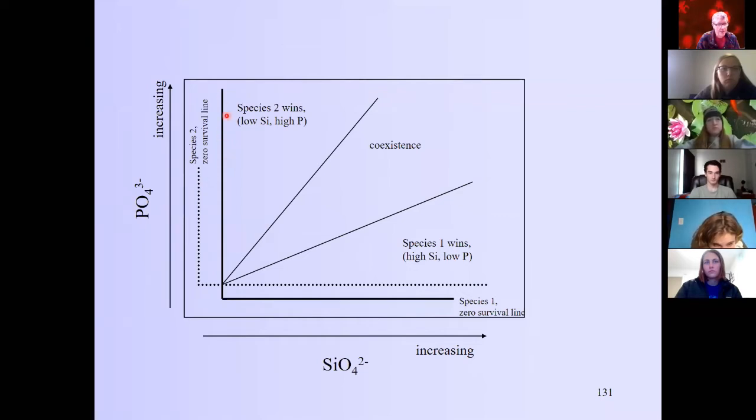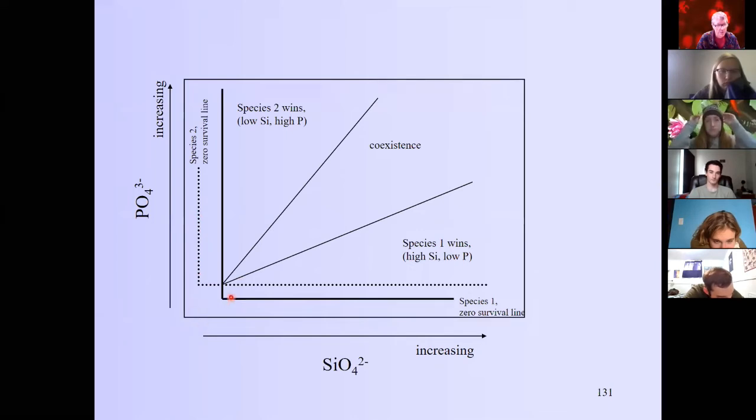And species one is not going to be able to survive below that concentration. And likewise with phosphorus. So species two can deal with lower phosphorus concentrations. Species one can deal with lower silicate concentrations.